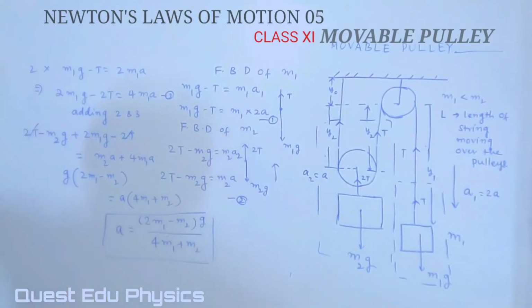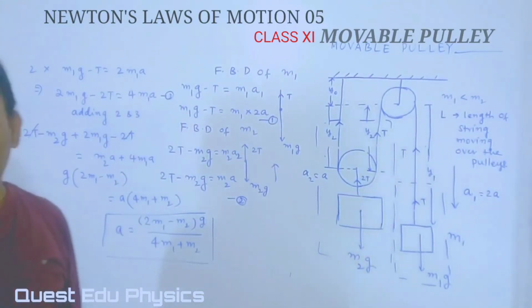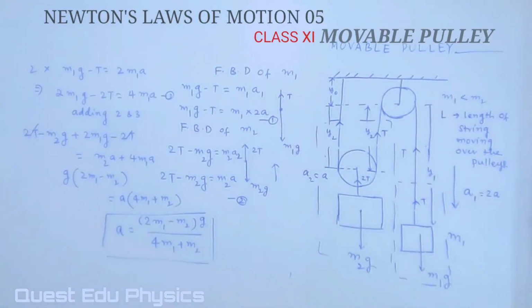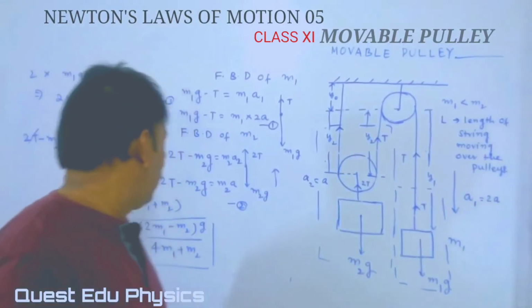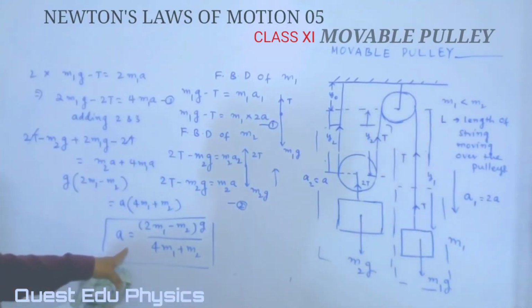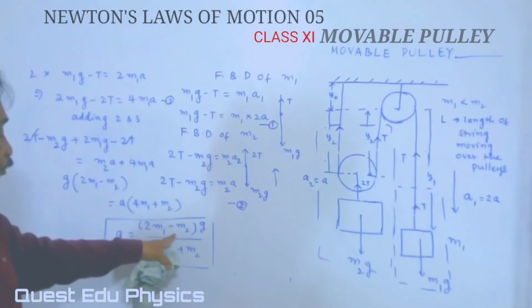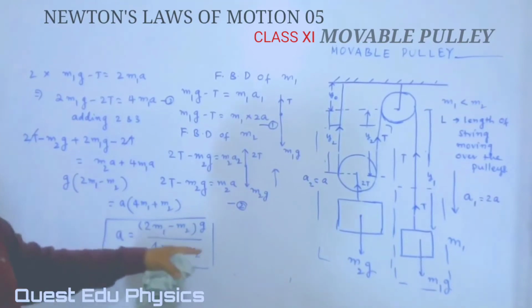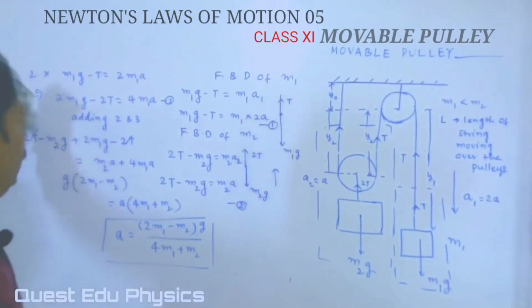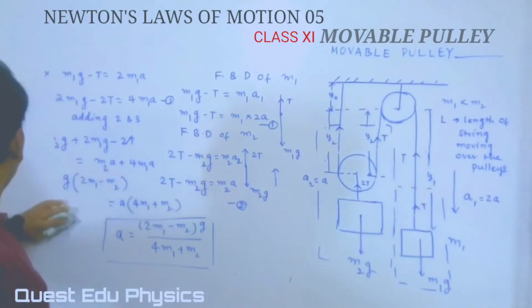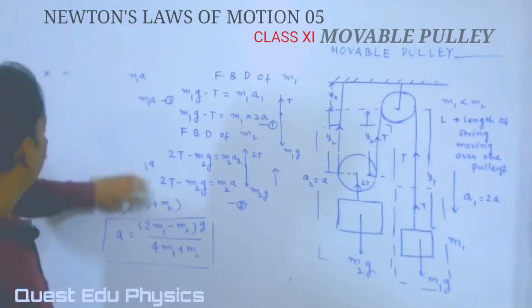It is the desired acceleration, students. In this way we can find out the acceleration as (2M1 minus M2) g by (4M1 plus M2). Then after we are going to find the tension in the string, students.